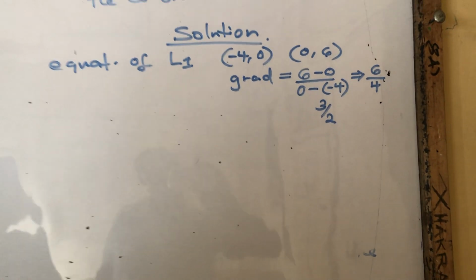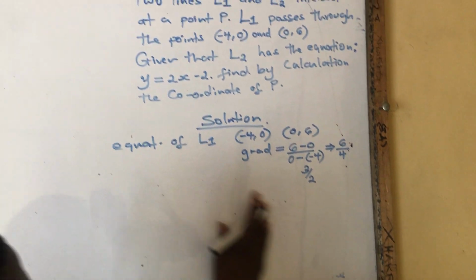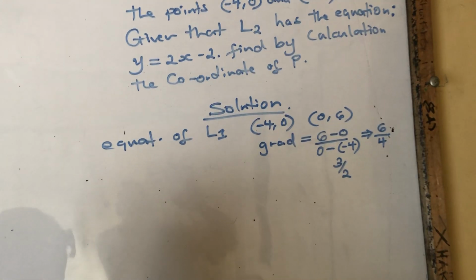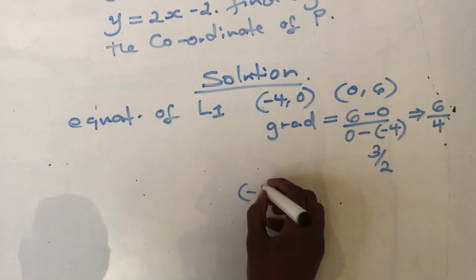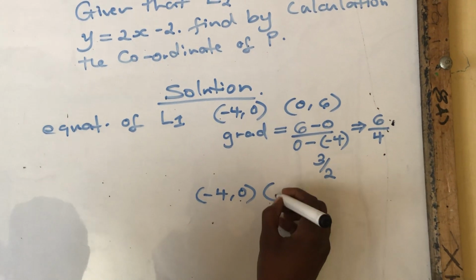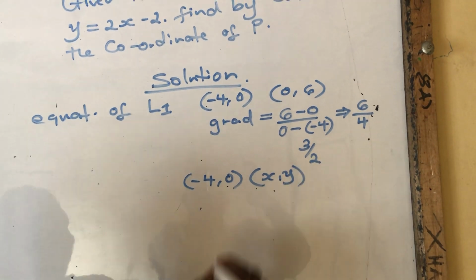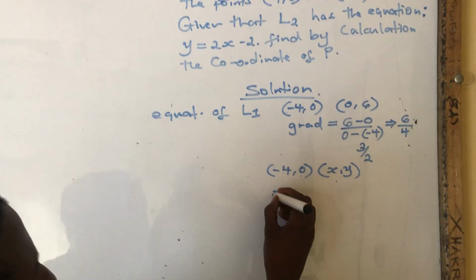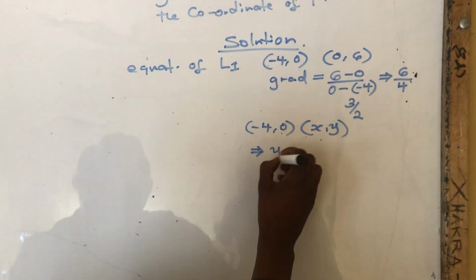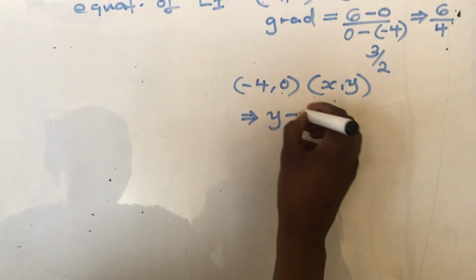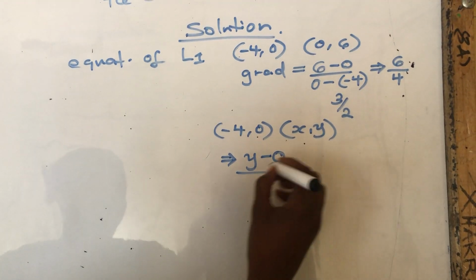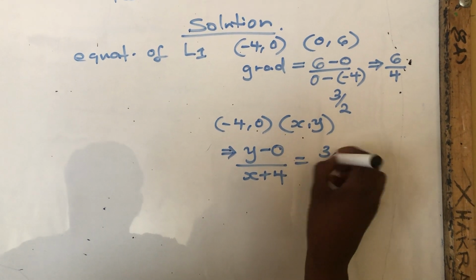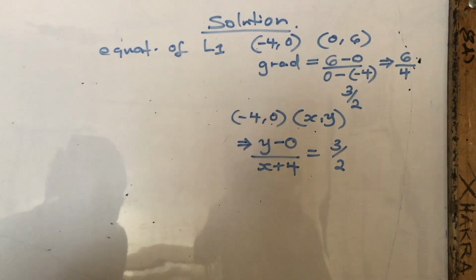The question should then be, how will we obtain the equation? We will pick one of these 2 points. Allow me to go for the point negative 4, 0, accompanied by a pair of variables x, y. So how will we find the equation? We'll take y subtract 0, then put all over x plus 4 is equal to 3 all over 2.